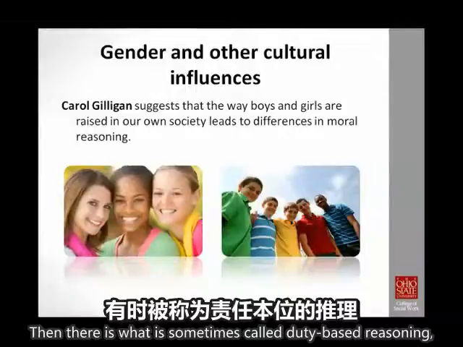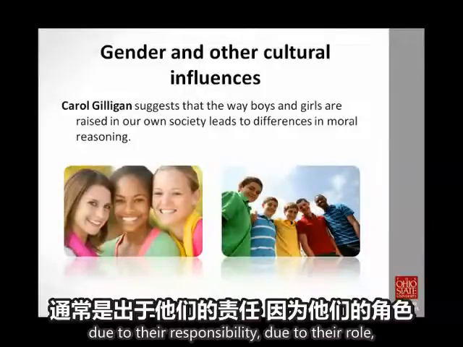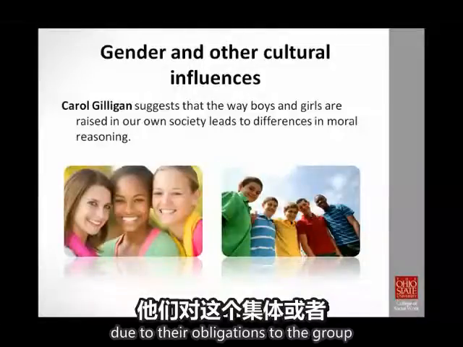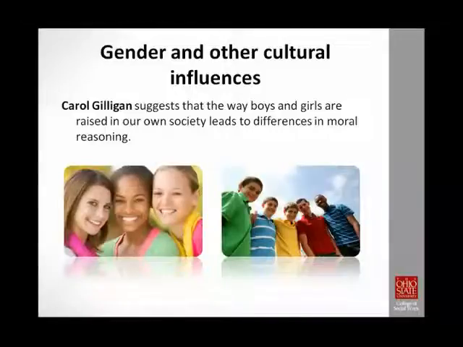Then there's what is sometimes called duty-based reasoning, which expects that individuals behave in a certain way due to their responsibility, their role, their obligations to the group or to society in general.